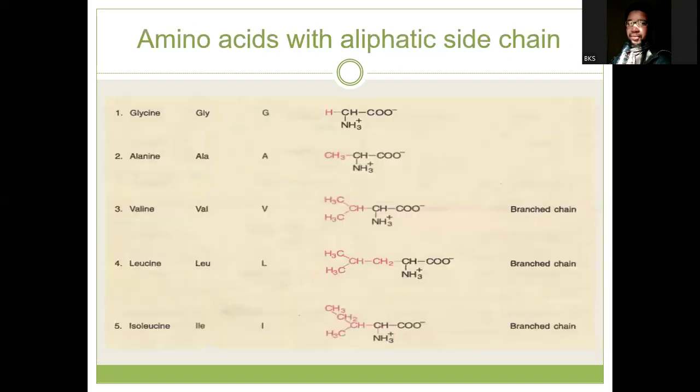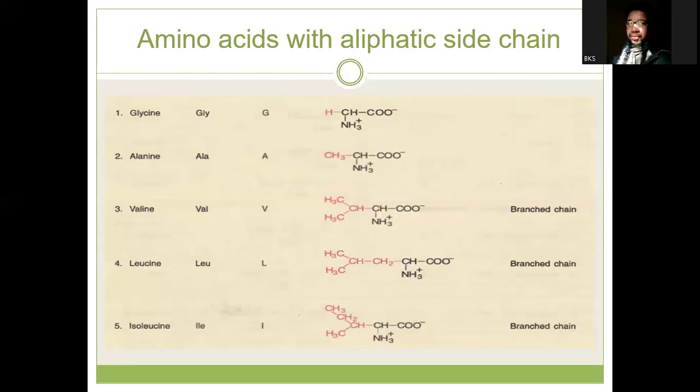Okay. So the first classification, we say on the basis of structure, we have an amino acid that has a side chain that is aliphatic in nature. And we know what is an aliphatic as opposed to aromatic, right? So we have about five classes.